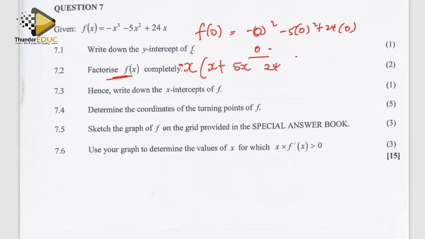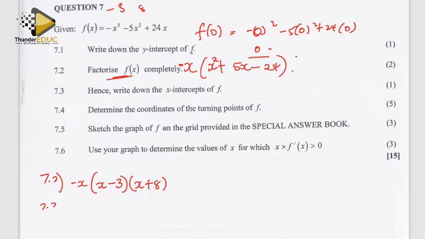So that's x squared plus 5x minus 24. When I look at this bracket and factorize 24, I'll look at negative 3 and a positive 8, meaning that my final answer will be negative x into x minus 3 and then x plus 8.